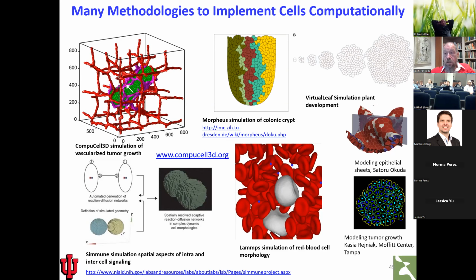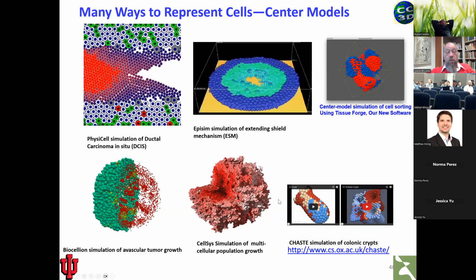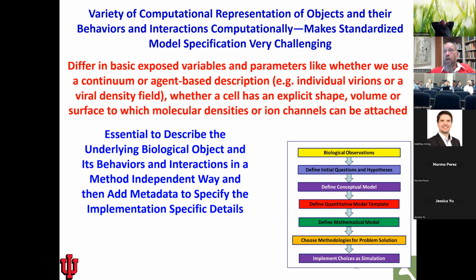We can have center model approaches which treat cells as point particles or clouds of point particles. All of these have different descriptions of what cells are. Does the cell have a volume? Does it have a surface? Is that surface instantiated or not?